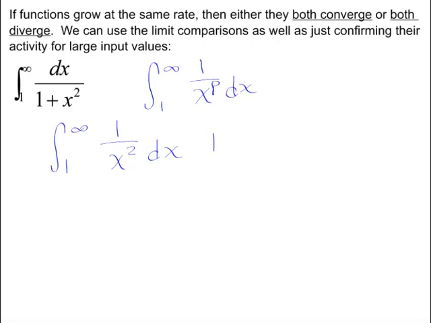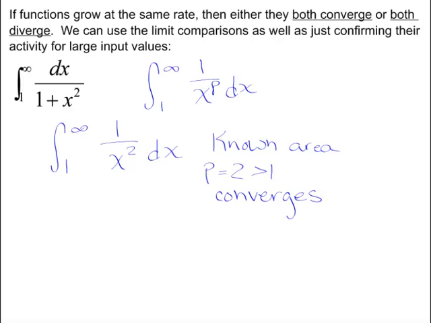So here is a known area. Since p equals 2 and 2 is greater than 1, then this area converges. That's all I need to do to show.